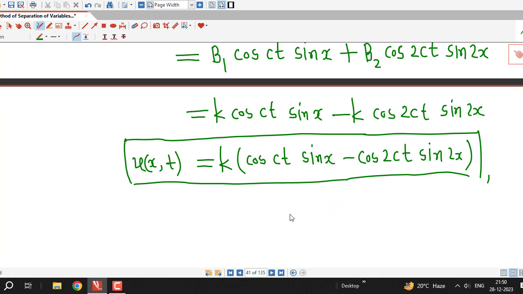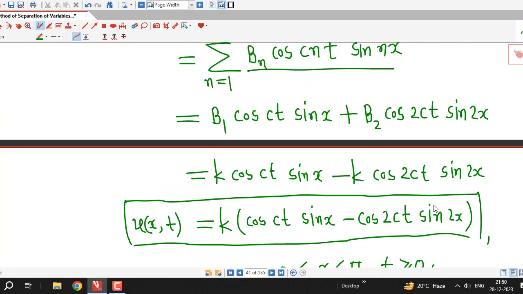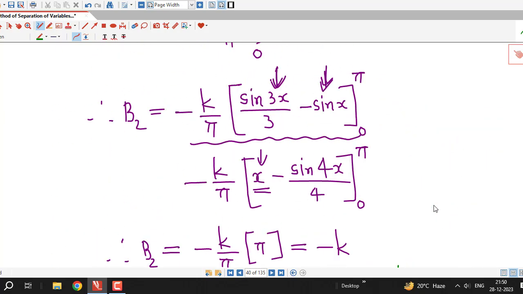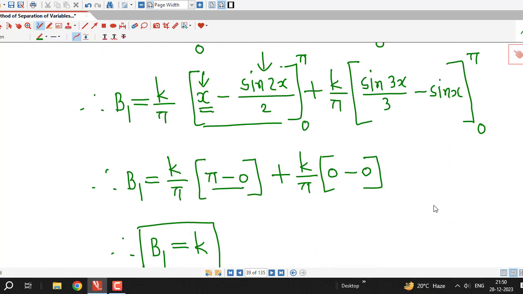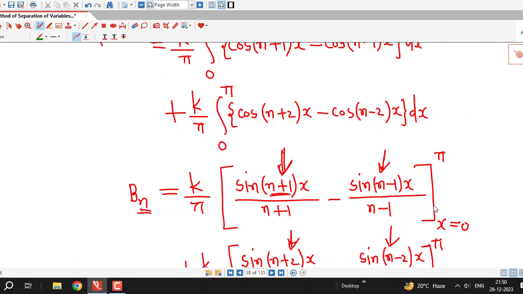So this we have to obtain, and that we obtain using the formula for the solution of the one-dimensional wave equation, which we have derived in lecture number 1 using the method of separation of variables.